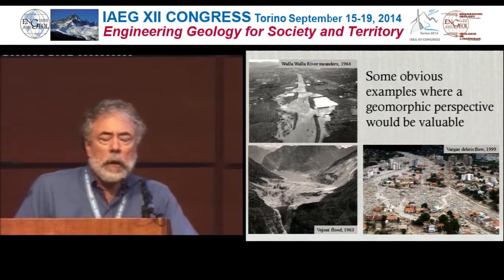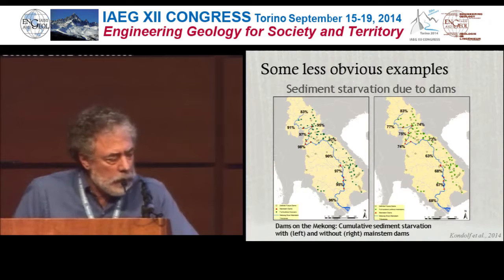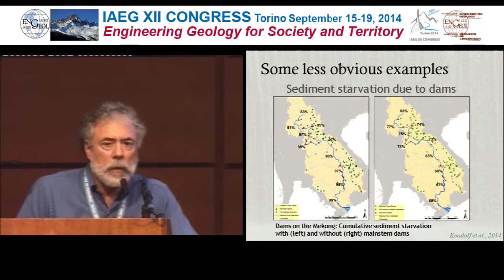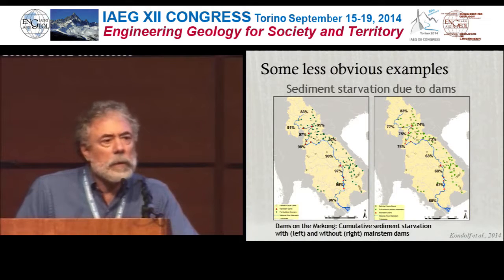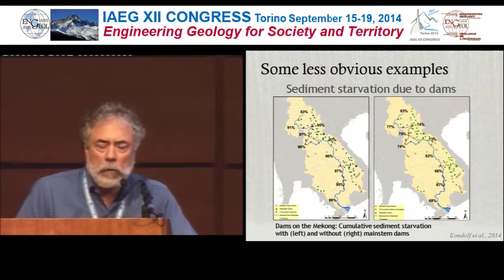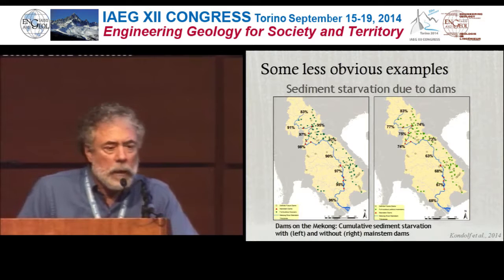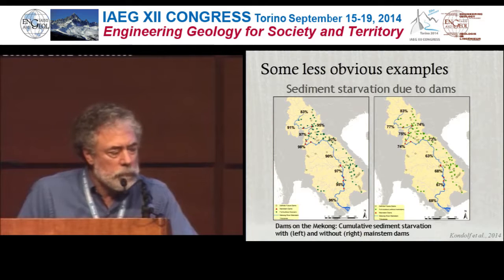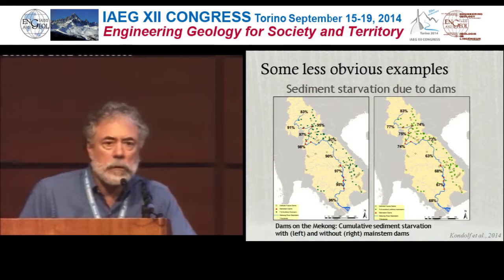For example, recent work by Kondolf and others points out how the development of large river basins, for example, the progressive damming of the Mekong River in Southeast Asia, has resulted and will continue to result in sediment starvation downstream.